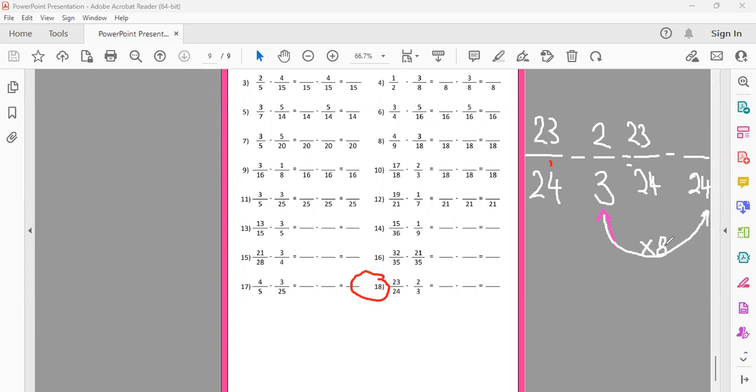Times 8. You see that? 3 times 8 is 24. So 2 also will times 8. And 2 times 8 is 16. So now I'm going to get 23 minus 16. And that's what I've got to do for the top part. 23 minus 16. Now, 23 minus 16 is how much, guys? If you really don't know how to do it, then do the standard written method. 23 minus 16, it's 1, 2, 3, 4, 5, 6, 7. So it's 7 over 24. And that's your answer.